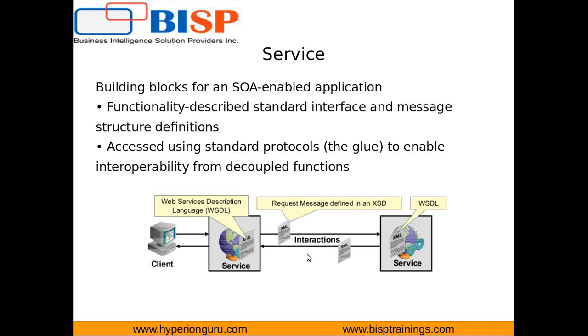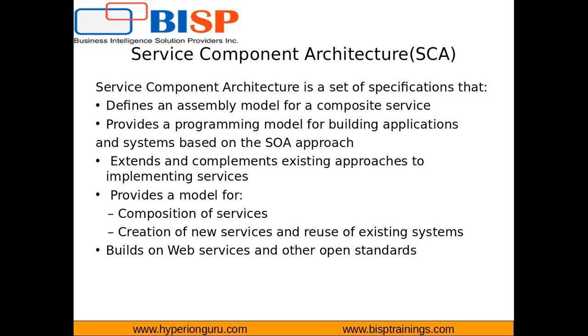Now, coming to service component architecture. It is a set of specifications that defines an assembly model for a composite service. Till now we were looking at service-oriented architecture, which was an architectural definition, or a way we needed to specify our services and how we can implement an application.